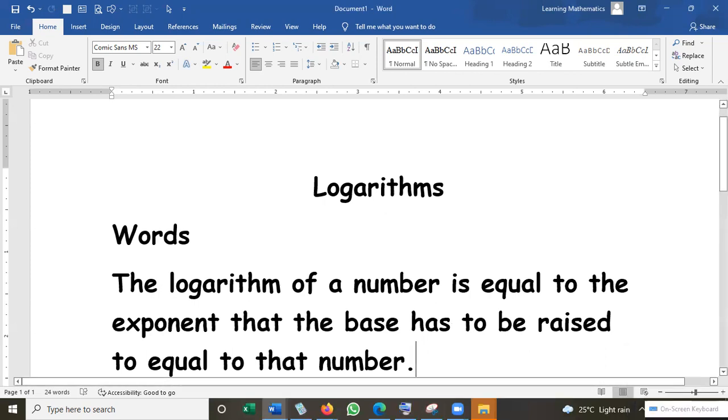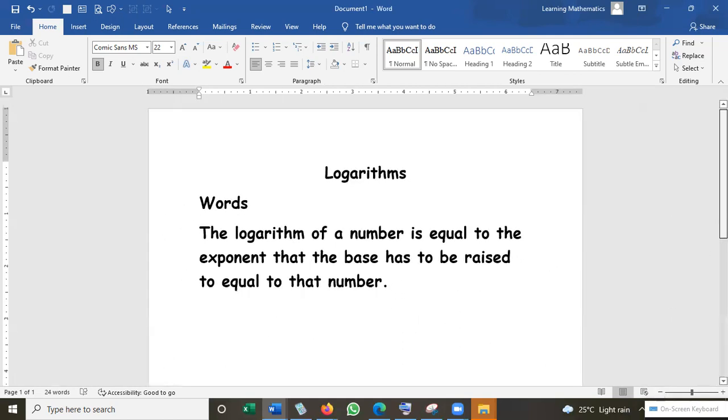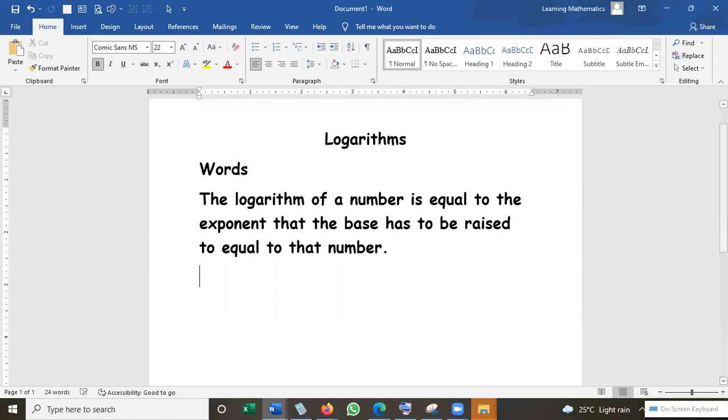I mean, obviously we can clearly see these are words. This sentence can be converted to symbols. The logarithm of a number, oh, not just a number. Sorry, something was missing.